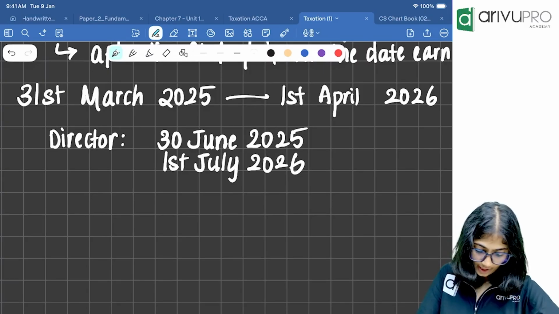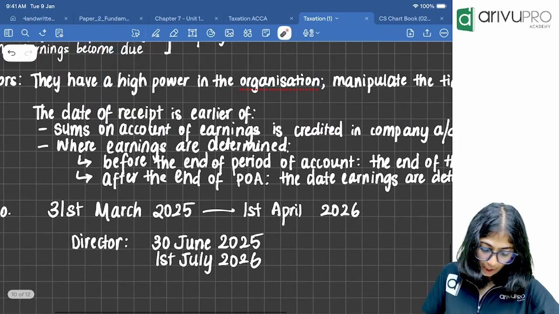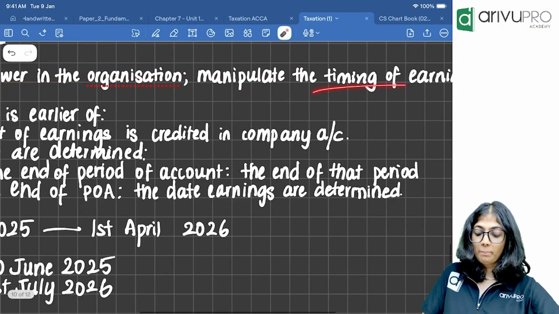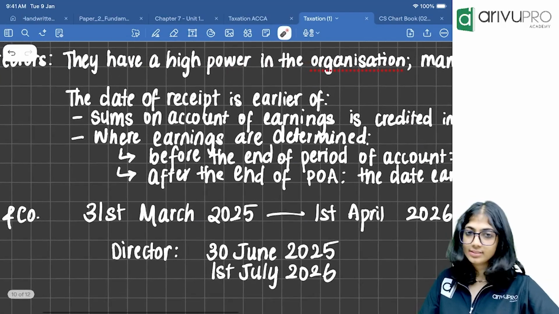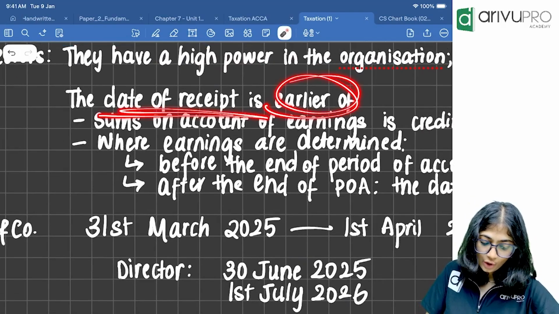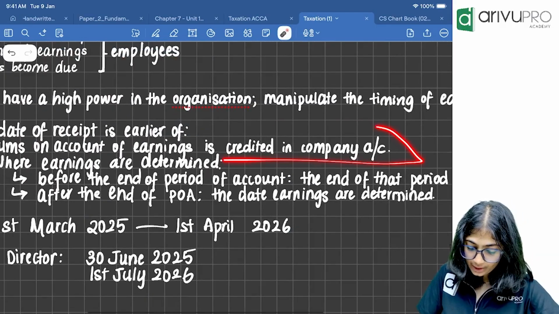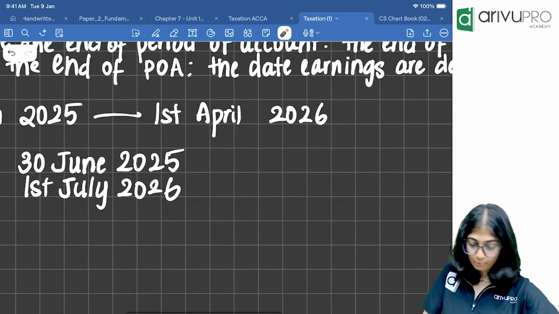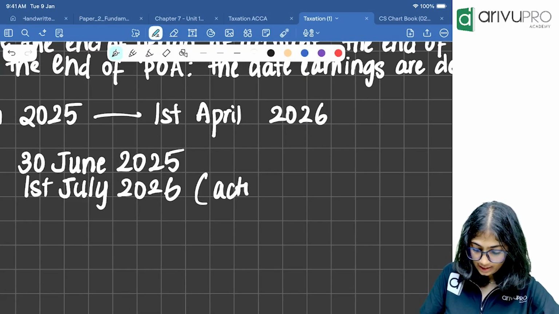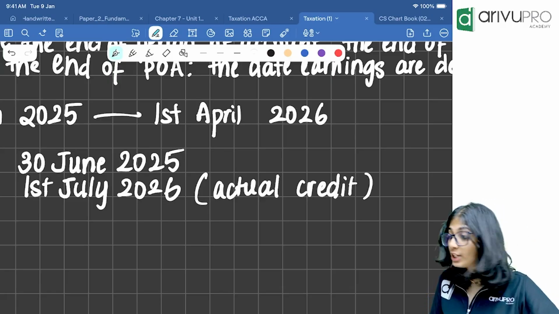Now, what's gonna happen? You are a director, so you have high power in the organization to manipulate the timing of earnings. That time, the date of receipt is the earlier of, first of all, when the amount is credited in the company account. When was it credited? Actual credit, 1st July 2026.